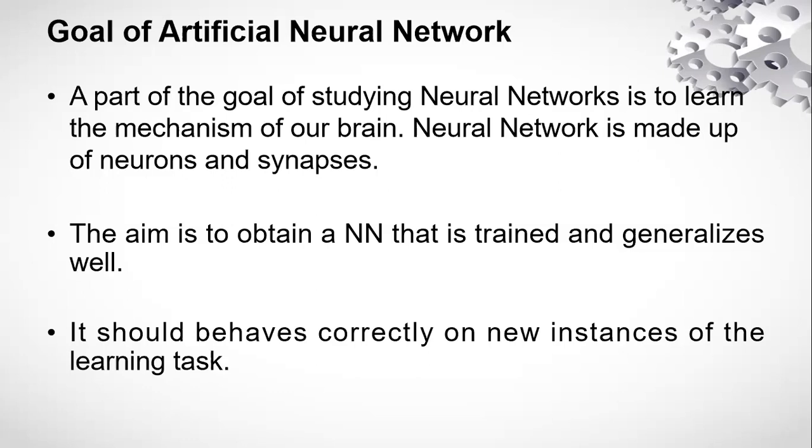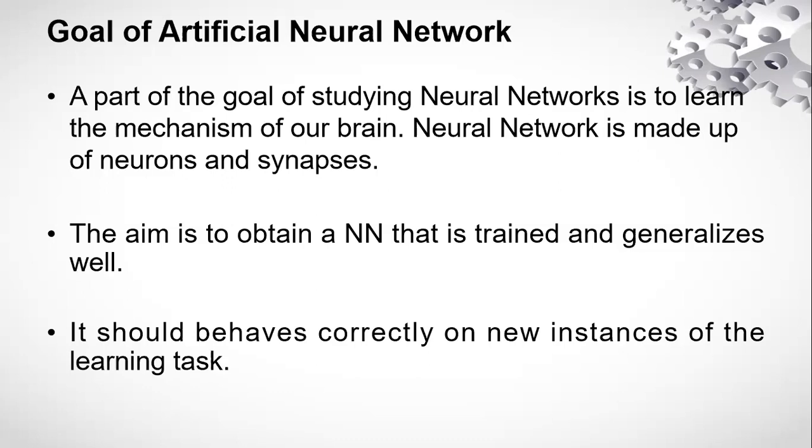So this is a kind of generalization. Next, it should behave correctly on new instances of learning tasks. That means it learns from its experiences and the examples which are given to it, and it creates an algorithm on the basis of which it will give the output.